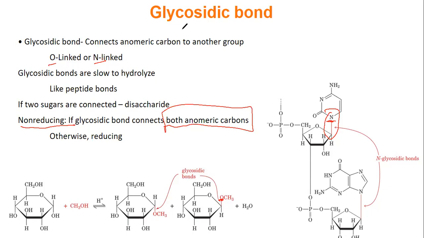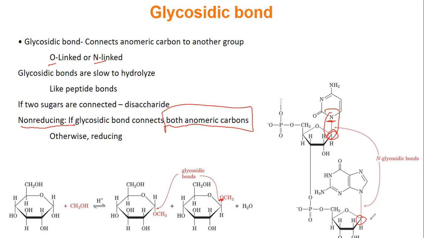All right, any questions about that terminology? DNA, it's not a disaccharide, but the sugars are non-reducing because their anomeric carbons are in bonds. They actually lost their hydroxyl to connect to the base.